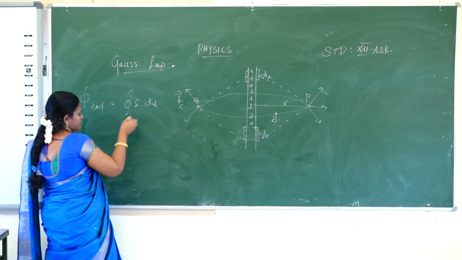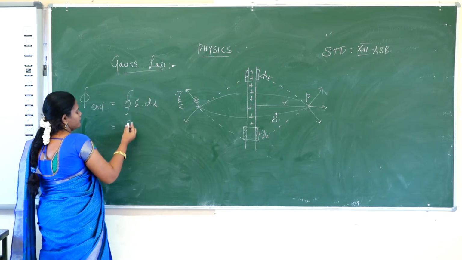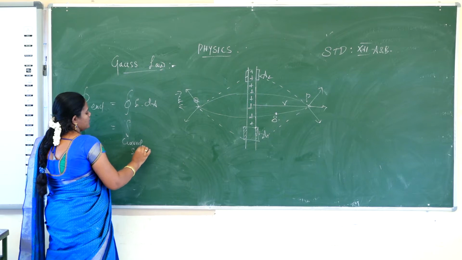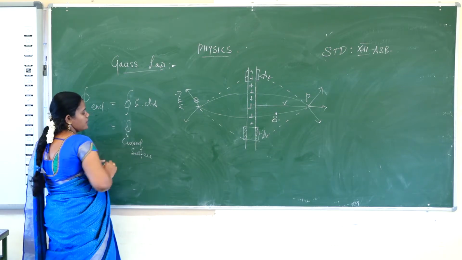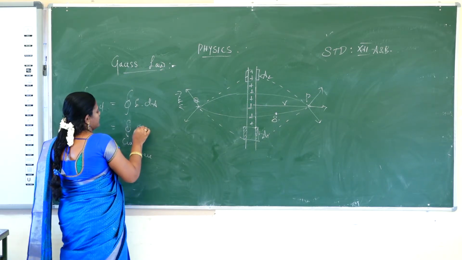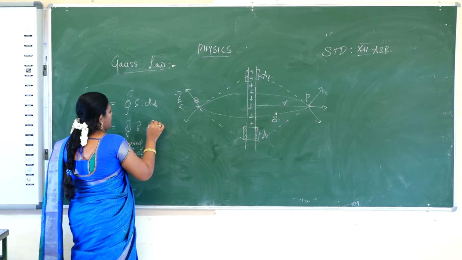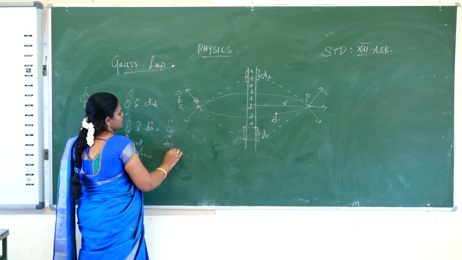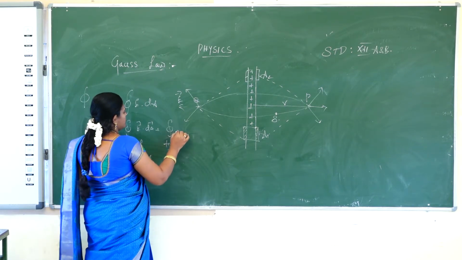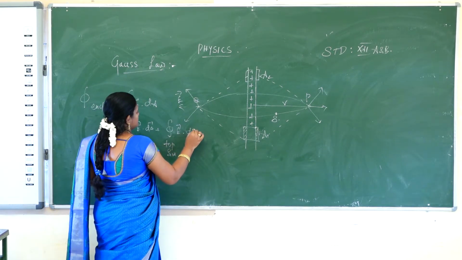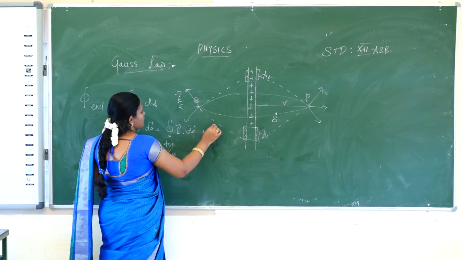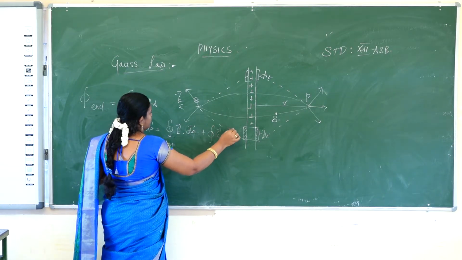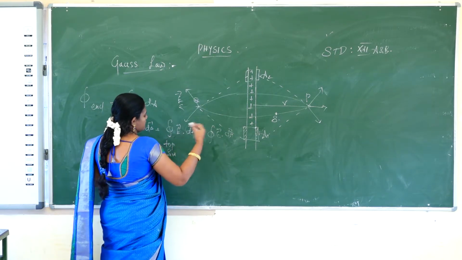The total electric flux is the closed integral over the curved surface of E vector dot dA vector, plus the closed integral over the top surface and the closed integral over the bottom surface. So the flux is created across the three surfaces.